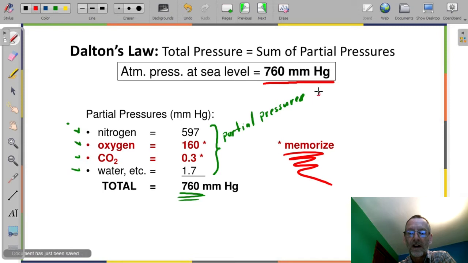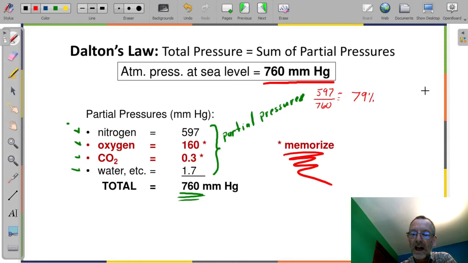So if you took 597, which is the partial pressure of nitrogen, and divided it by 760, you would come up with approximately 79%.